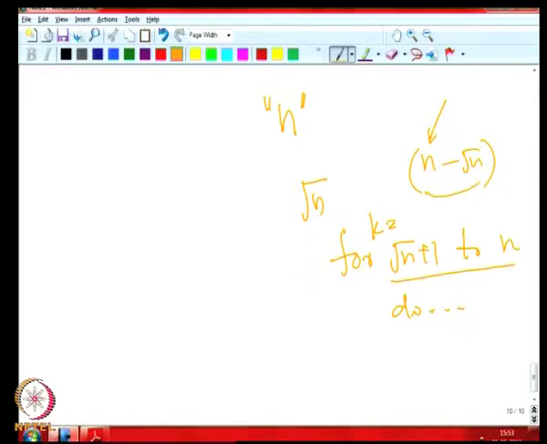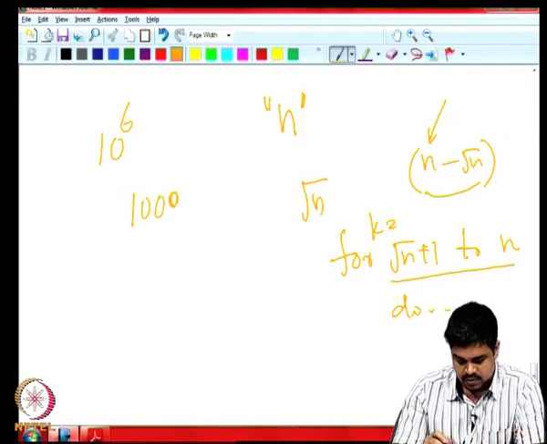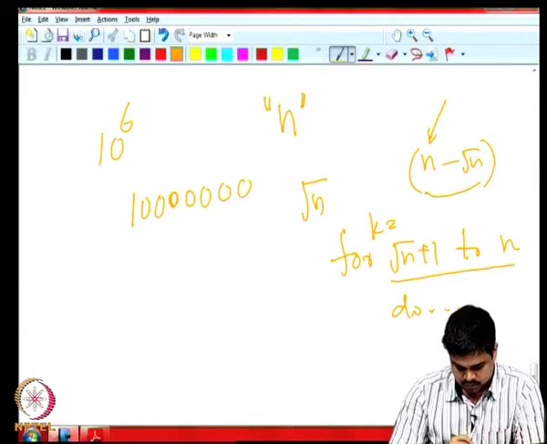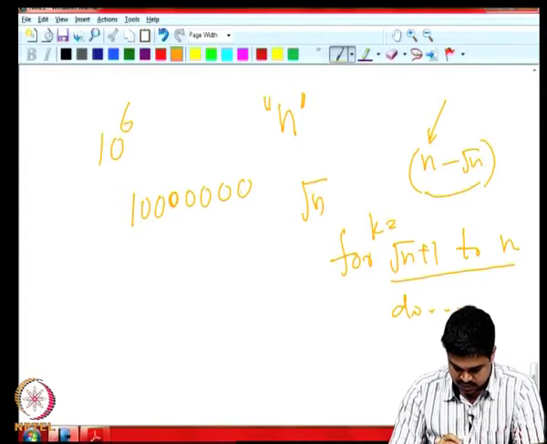But on the other hand, how much is 10 million? 10 raised to 6 is a million, and 10 million is one more 0. I do not know offhand how much its root is.